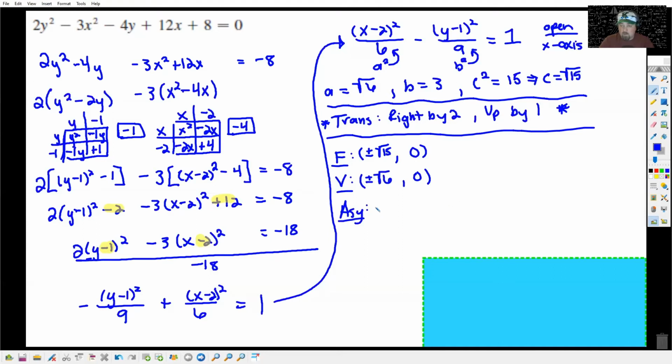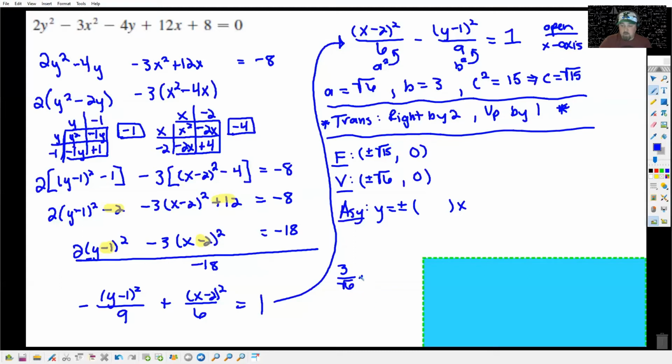Now our asymptotes, y equals plus or minus that fraction times x. So when we do this, okay, our fraction here, we've got to take whatever y is and divide it by whatever x is. So y had the 3 with it, so let's put this fraction over here. So it's 3 over the square root of 6.